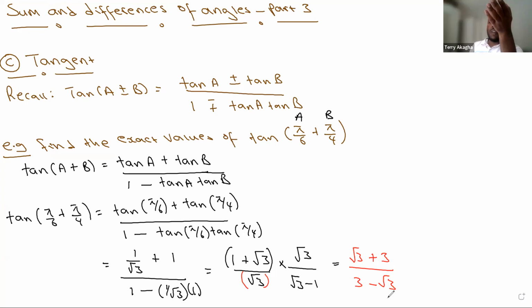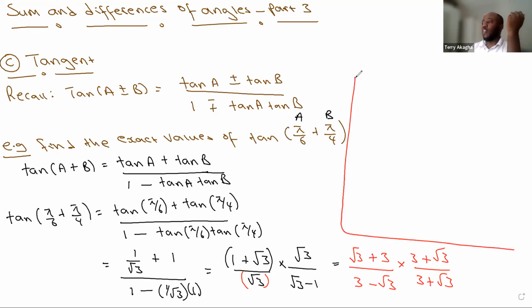You can stop here, or you can use the conjugate, where you multiply both sides by the denominator's conjugate. You can't leave your answer with a surd at the denominator, so we multiply by 3 plus root 3 over 3 plus root 3.